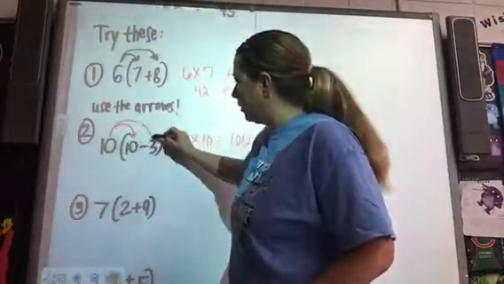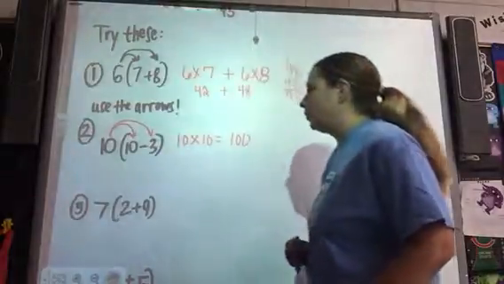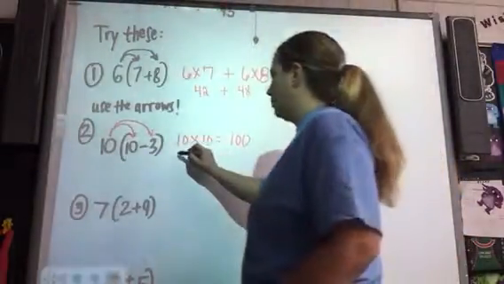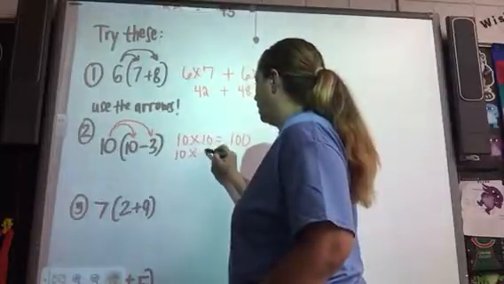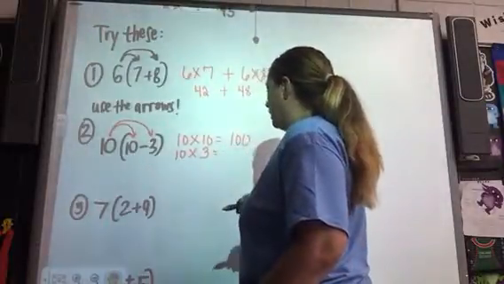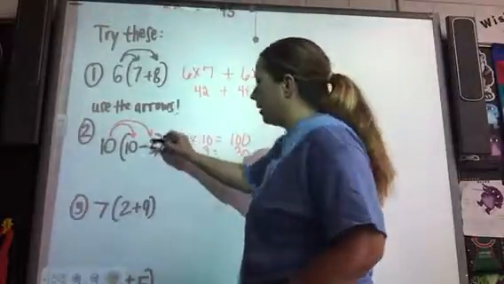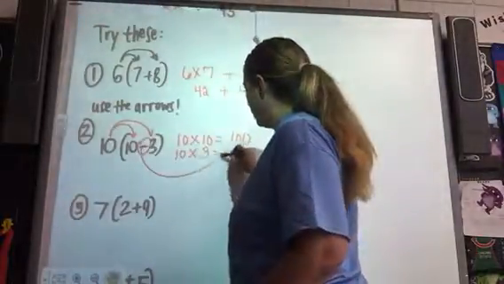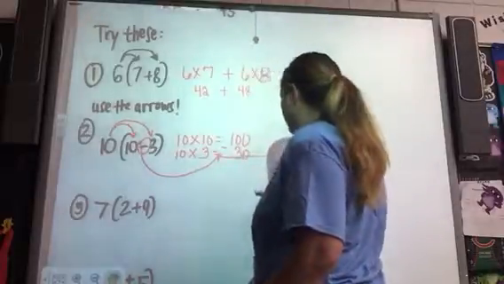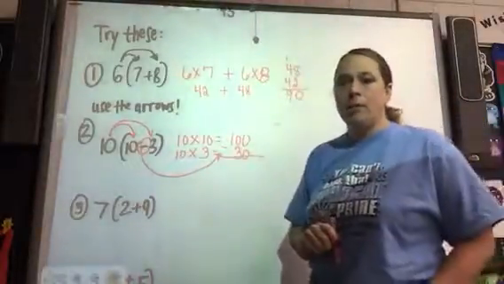Then make another fancy arrow over to here. 10 times 3. And that is 30. Now, because this says subtraction, that's going to go over here, and that's what we're going to do.